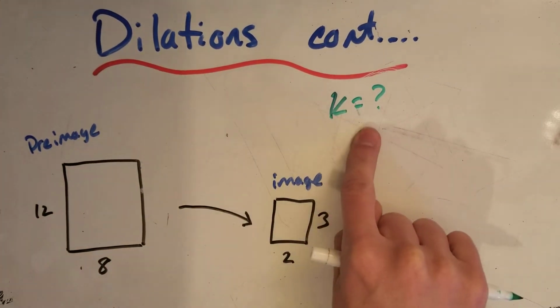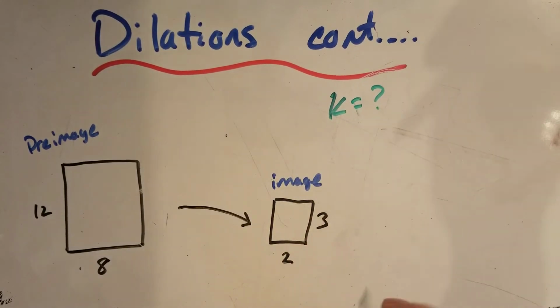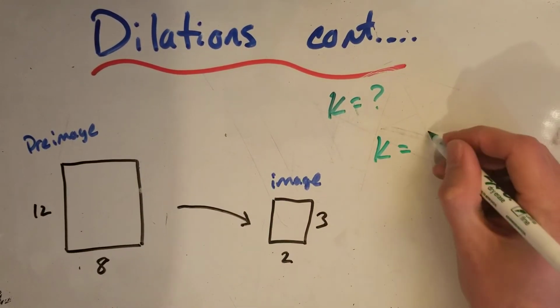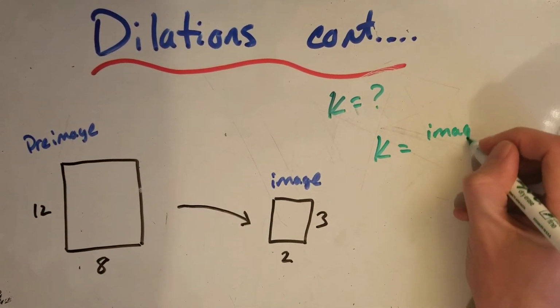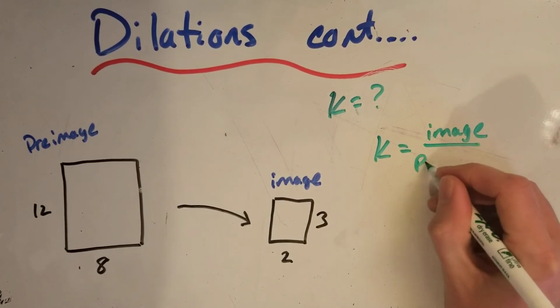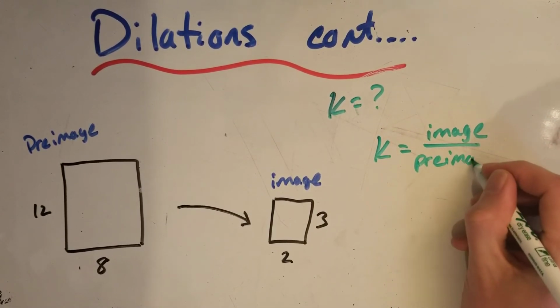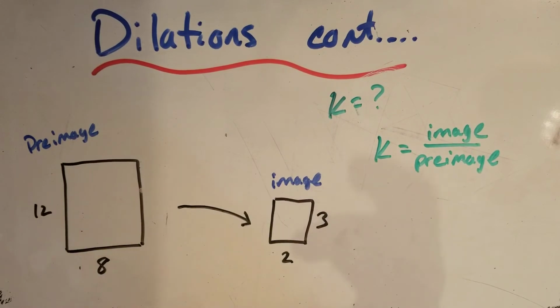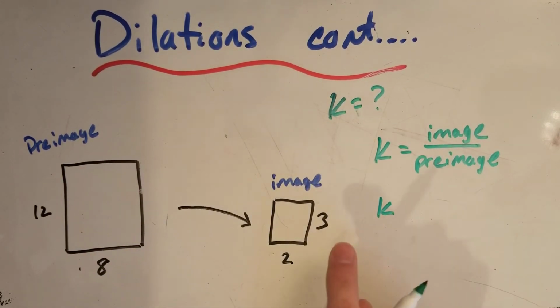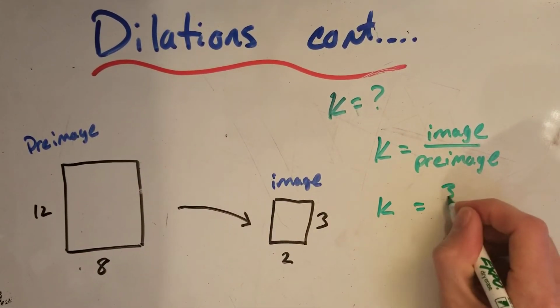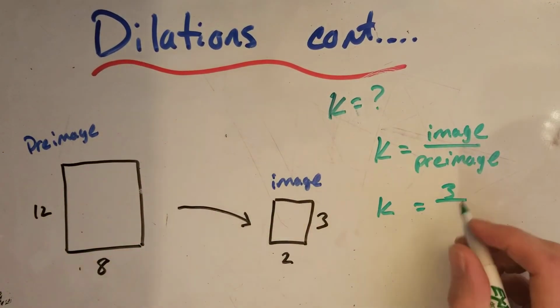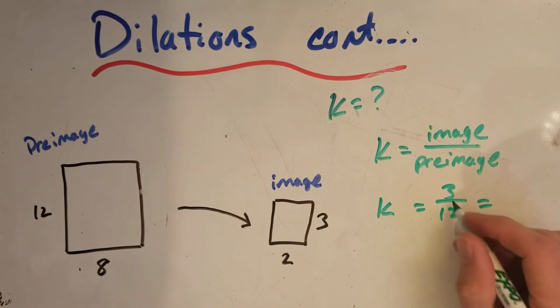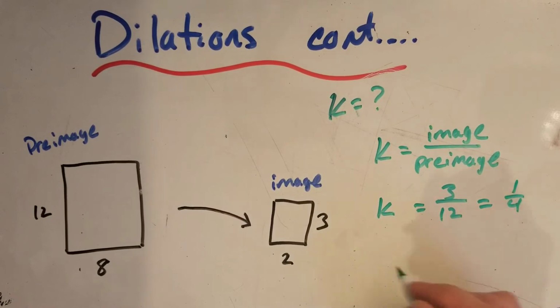How you find the scale factor is you take your final image and divide by the pre-image, so K equals image divided by pre-image. It has to be two sides that correspond. So you can say 3, and 3 went with the 12, so 3 divided by 12, which simplifies to 1/4.